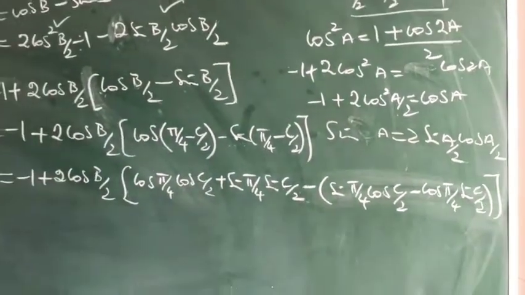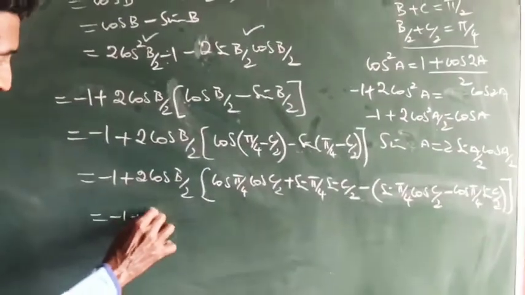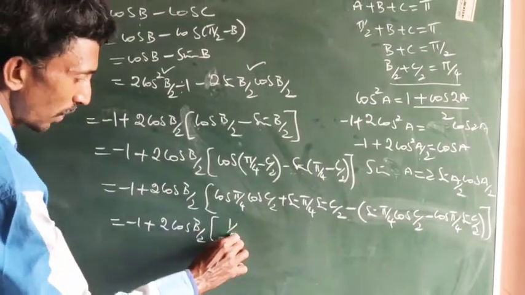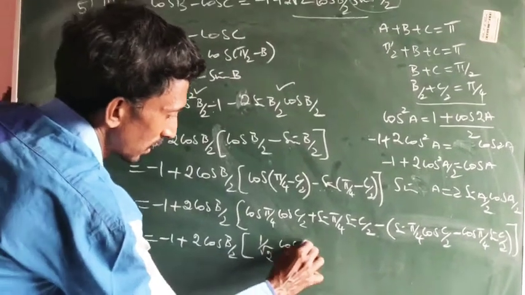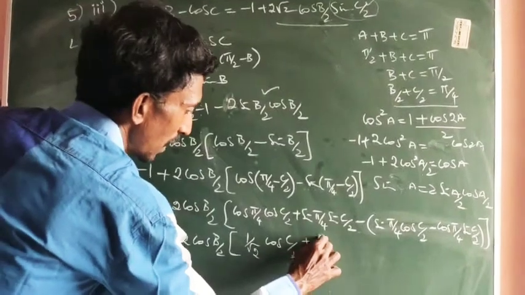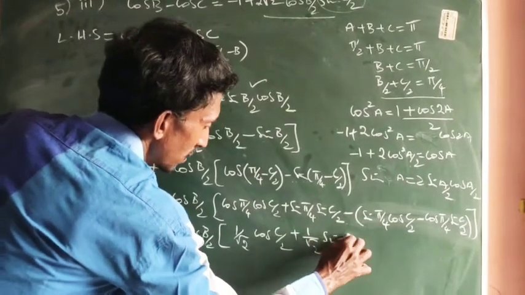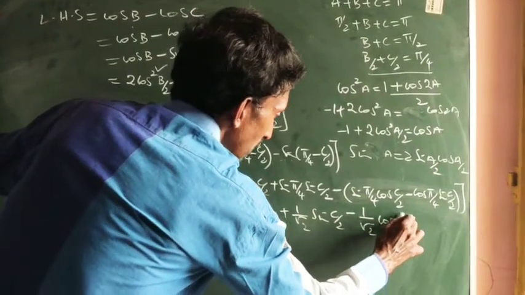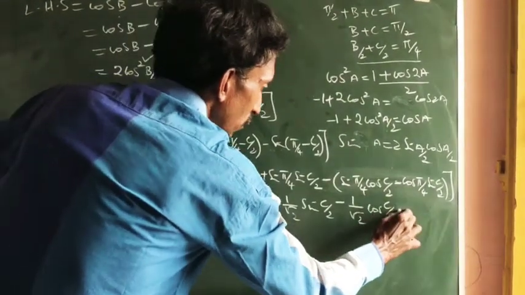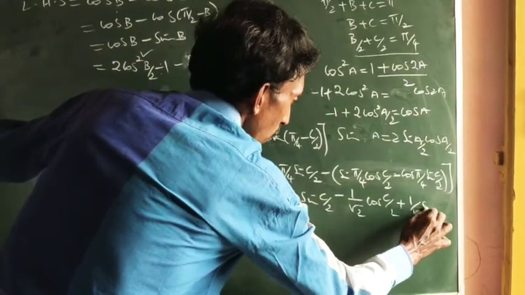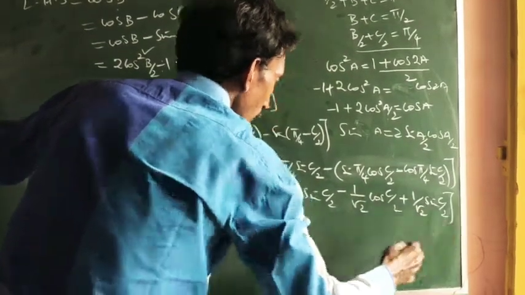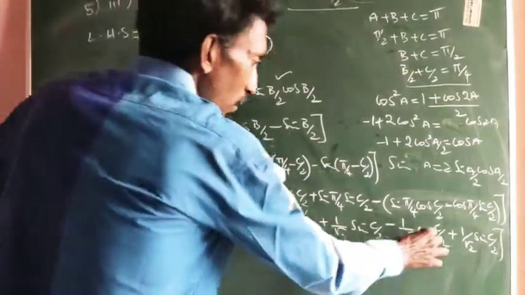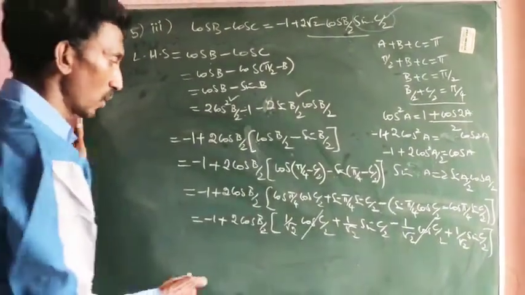Are you clear? So now look at here, minus 1 plus 2 cos B by 2, cos 45 is 1 by root 2, cos C by 2, sin 45 is also 1 by root 2, sin C by 2 minus, again 1 by root 2 cos C by 2, minus into minus plus 1 by root 2 sin C by 2. Now look at here, 1 by root 2 cos C by 2 minus 1 by root 2 cos C by 2 cancel.